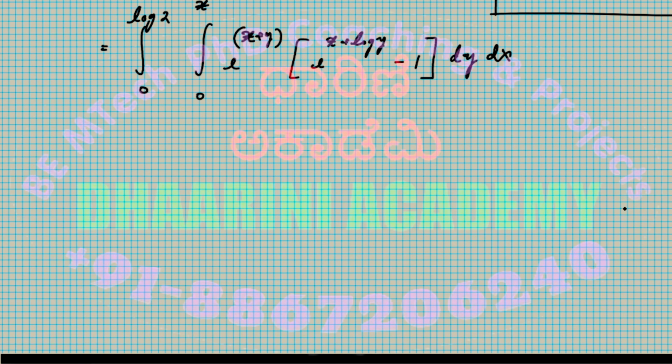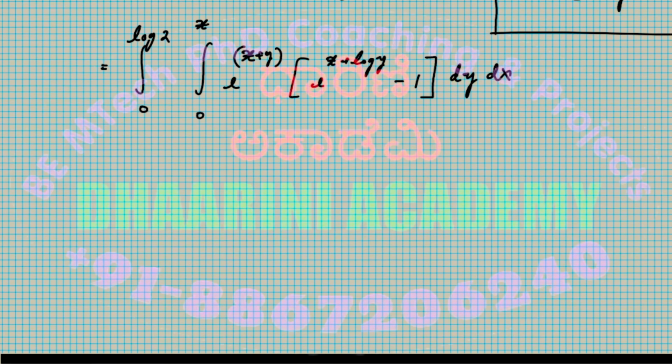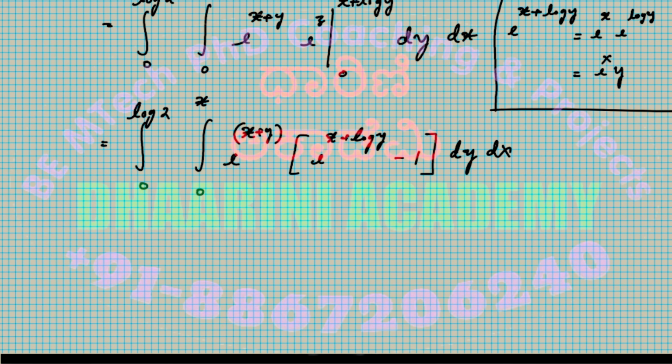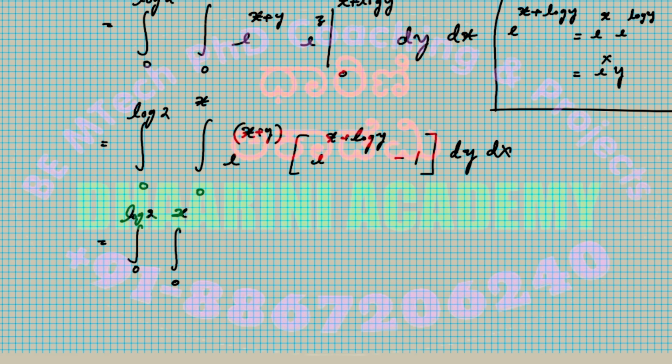So instead of writing the whole integral again and then substituting, let's do this. That's why I wrote it separately in a column. So this is integral 0 to log 2 integral 0 to x. I think we can even separate these terms into the x plus y.